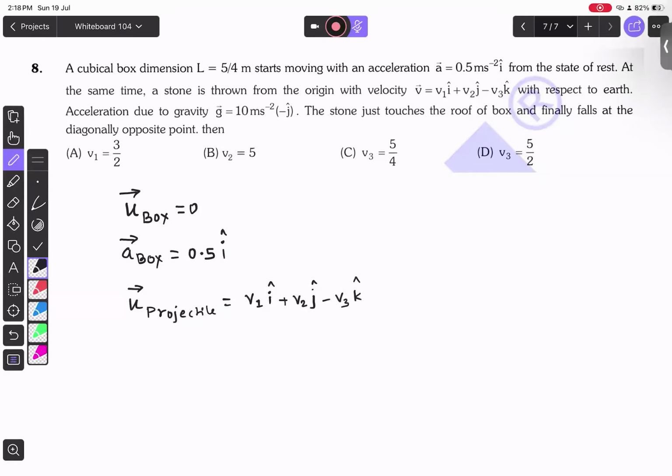So I must know the things of the projectile from the box. What all things do I have to know? I have to know the initial position of the projectile with respect to the box.